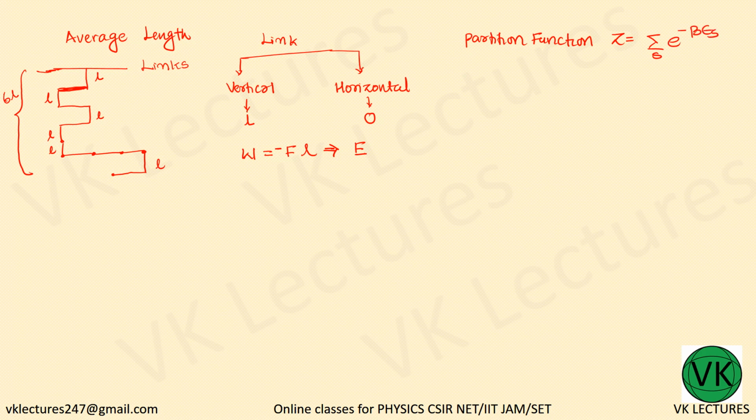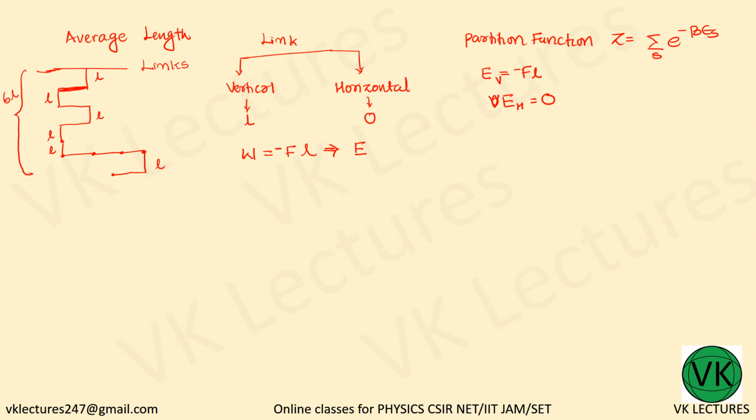Z is equal to, there are only two energies. One is the vertical energy, which is equal to minus FL, and the other is the horizontal energy, which is equal to 0. So only these two energies are present, either minus FL or 0.